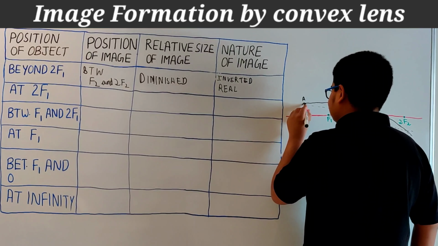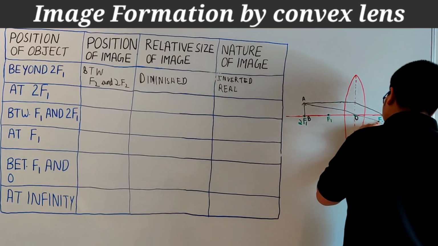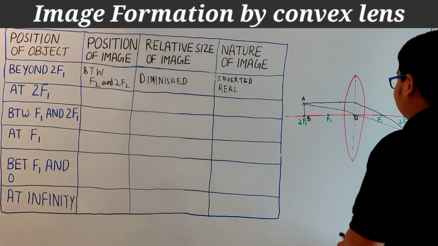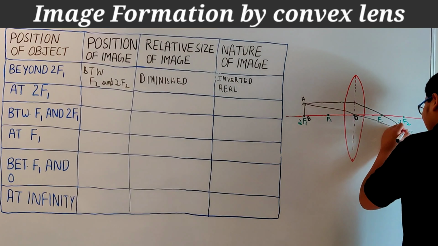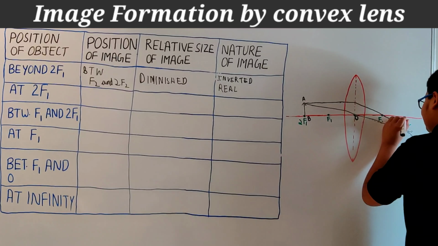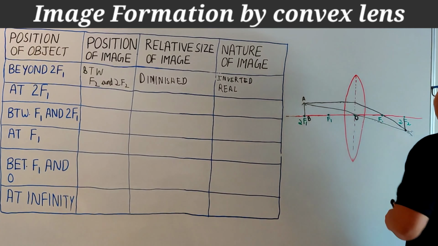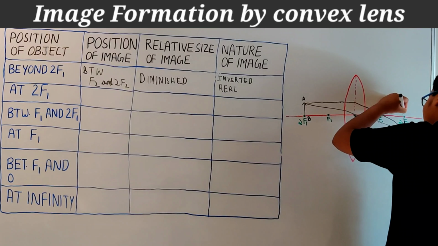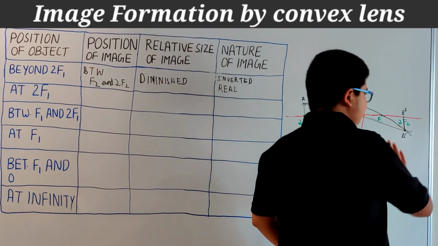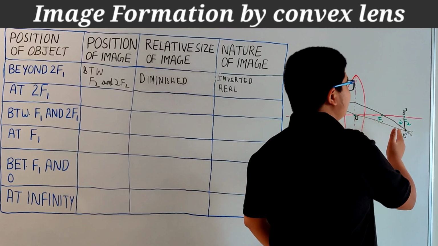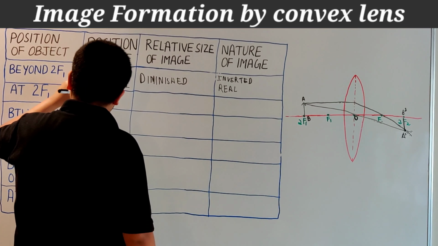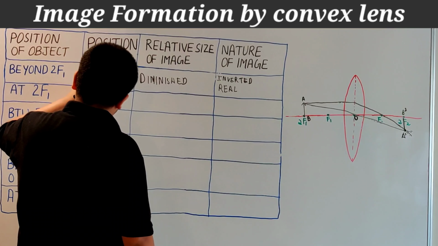Second rule, incident ray passes through the optical center, refracted ray continues on the same path. Now by using both of these rules, we get that they are intersecting at this point. So if you draw a line, we can see that this is B dash A dash, this is our image. We can see that the image is formed at the point 2F2. So we will say that image is formed at the point 2F2.